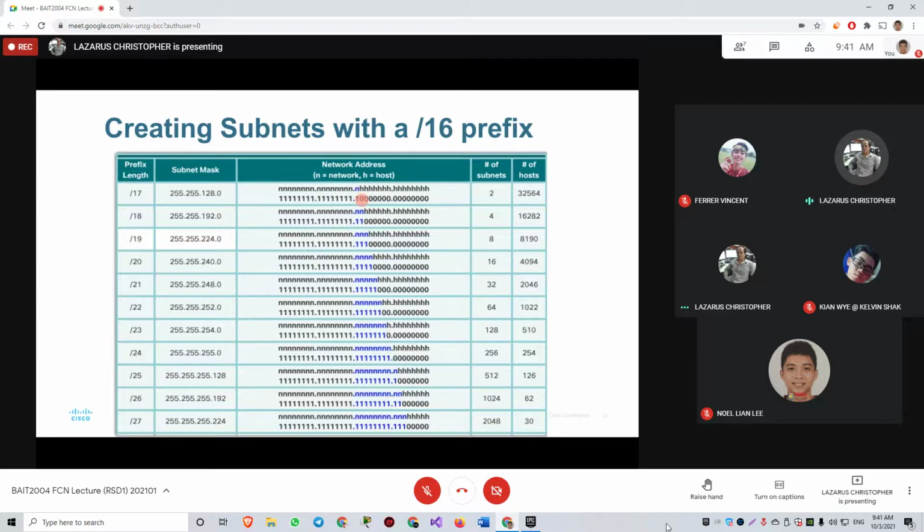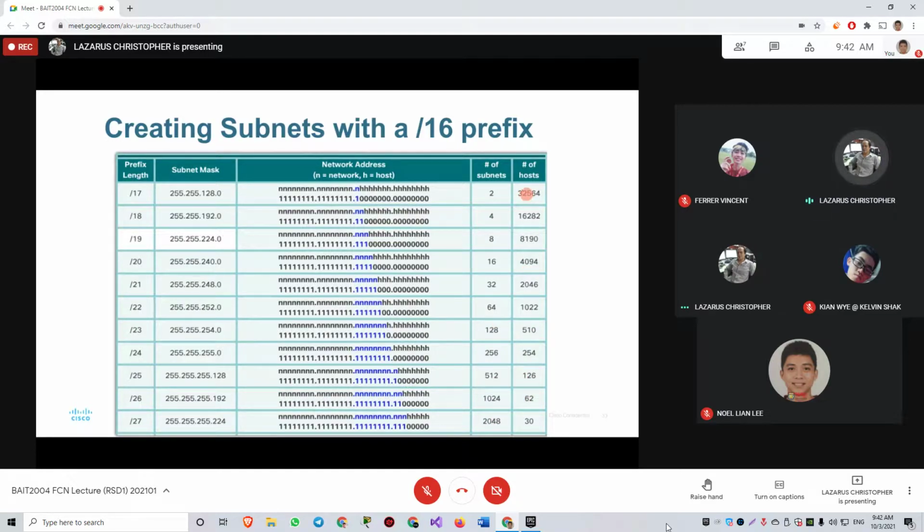This table shows all the different prefix lengths, starting with borrowing 1 bit, 2 bits, 3 bits, 4 bits, and so on. You can go all the way to /30 actually. Because we have more bits, the difference with /24 is that you're now dealing with larger values.